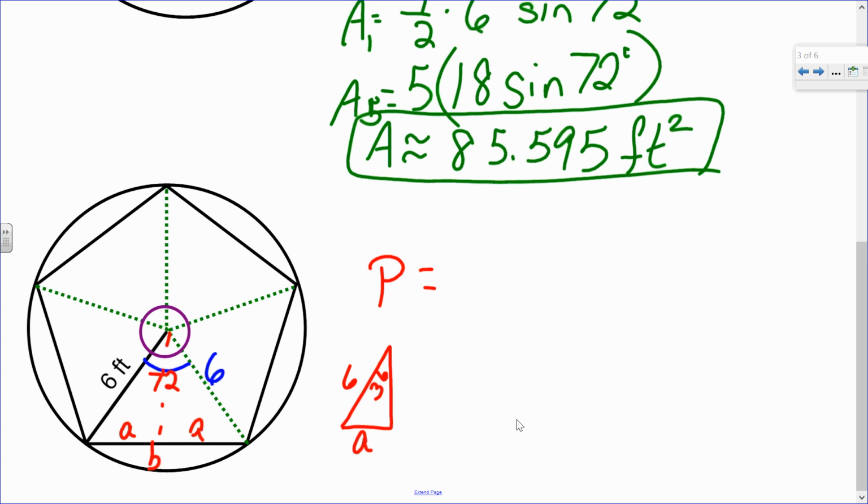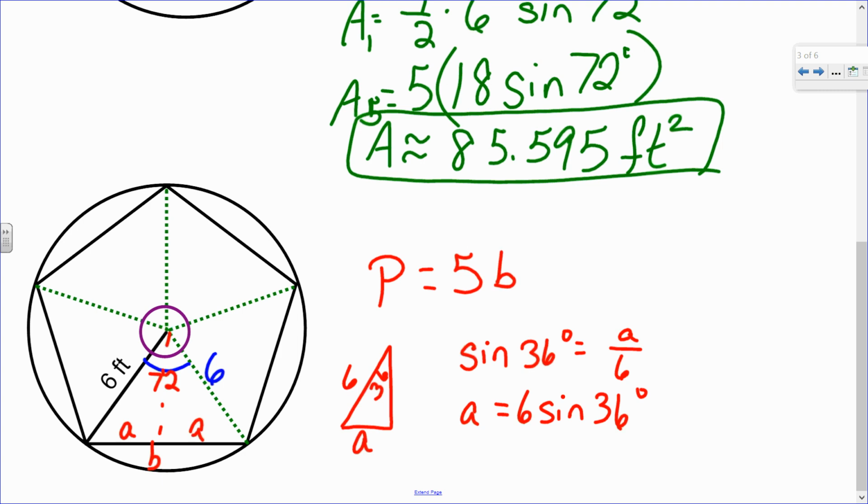So we're going to use sine, because opposite over hypotenuse. So the sine of 36 degrees is opposite over hypotenuse. So side A is 6 times the sine of 36 degrees. Now to get the perimeter, I needed 5 of the long sides, which were B, but each B is 2A.